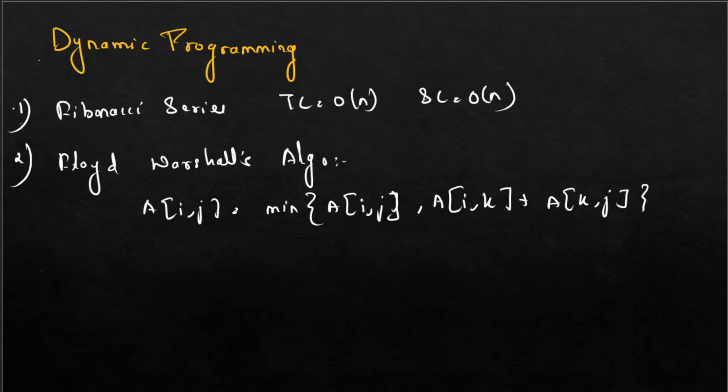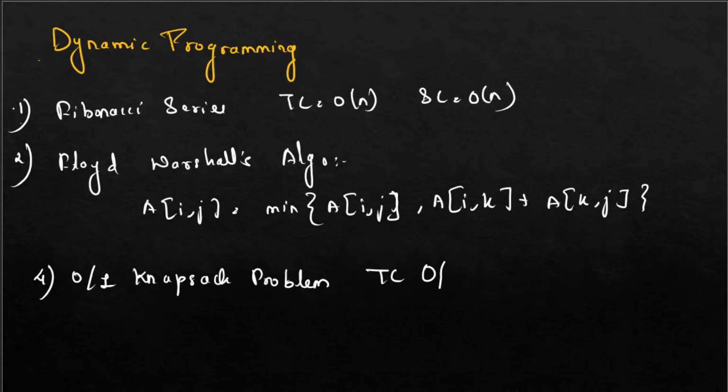Now the fourth one is the 0/1 knapsack problem. Time complexity is big O of n times m and space complexity is big O of n times m.